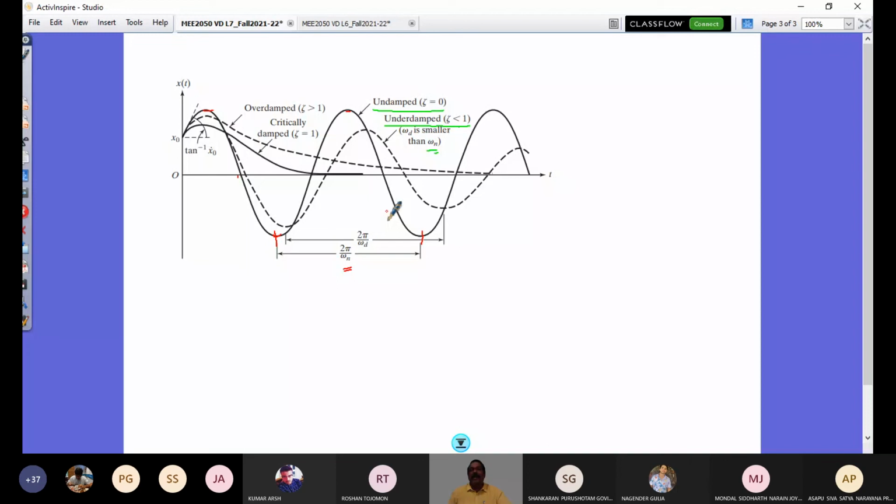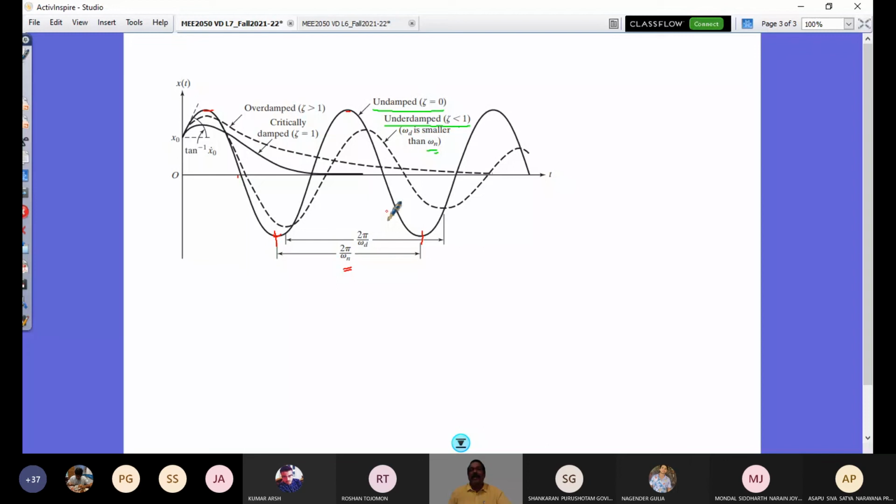So cross multiplying and then rearranging the terms, writing it for zeta, that would come as zeta equals delta by the square root of (2 pi) whole square plus delta square. So if I know this delta for the vibratory system experimentally, I will be able to find the damping ratio of my vibratory system.